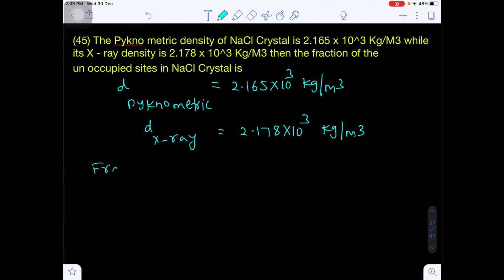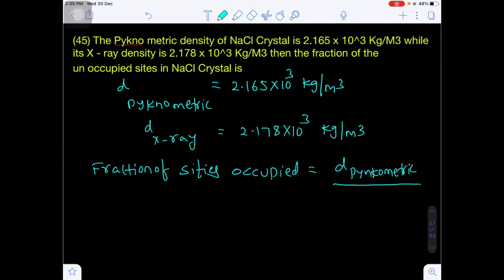So in this question, first of all, the fraction of sites occupied will be equal to density by pycnometric divided by density according to X-ray diffraction study.